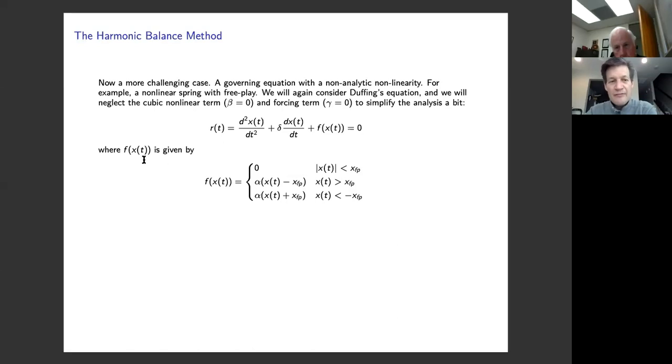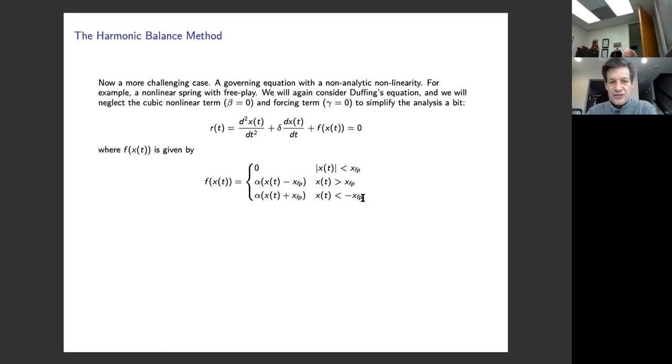And if you have a non-analytic sort of nonlinearity like this, you can't do this substitution approach where you substitute in the expansion for x of t and then try to do the whole balancing procedure, because the function that defines the stiffness is a function of the solution itself, and it has all these conditionals involved with it.